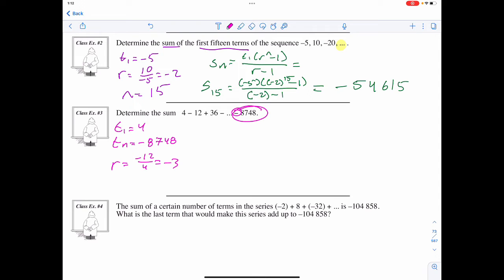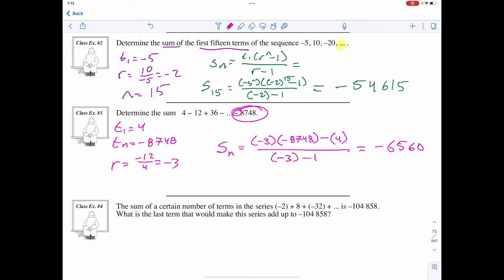At this point, I can say that my Sn is equal to my r value times my final term, -8748, minus my first term, which is just 4, all divided by my r value of -3 minus 1. And when I plug this in properly, I get -6,560.